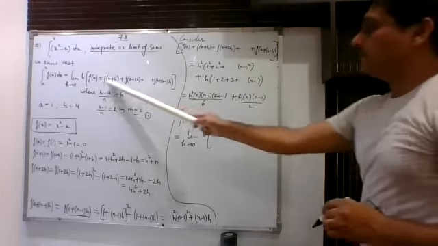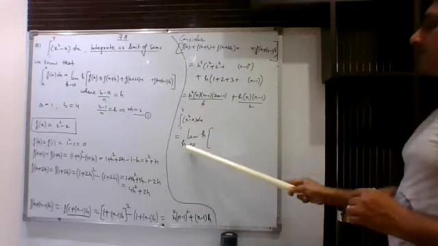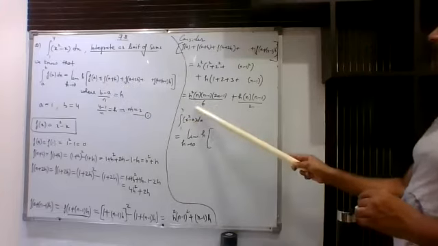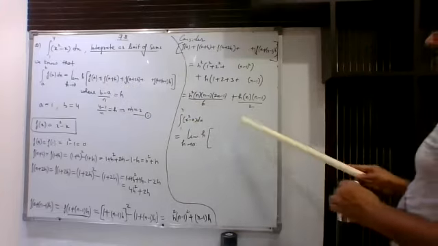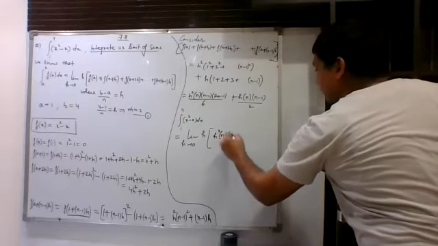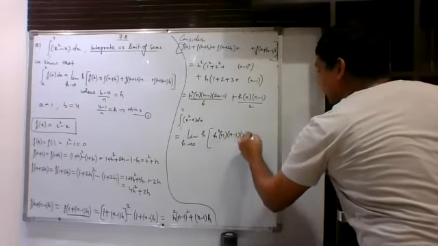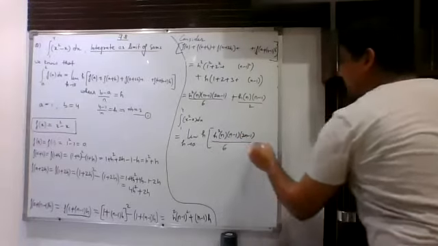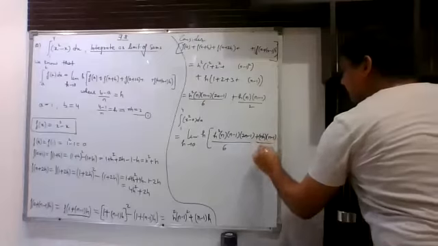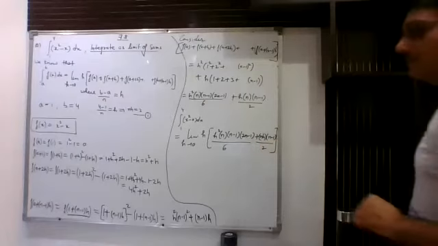For the whole bracket, I can write: h square (n minus 1)(2n minus 1) divided by 6 and nh (n minus 1) upon 2. This is how we can write.